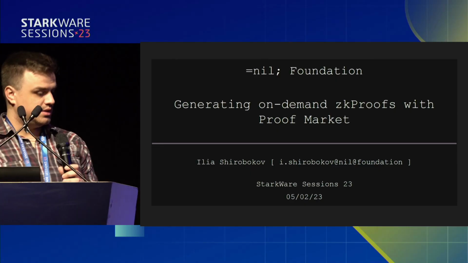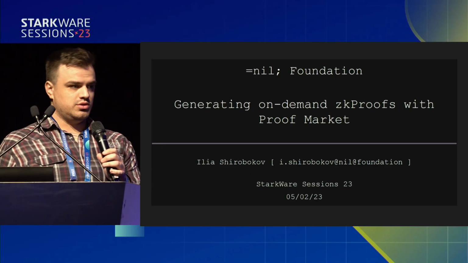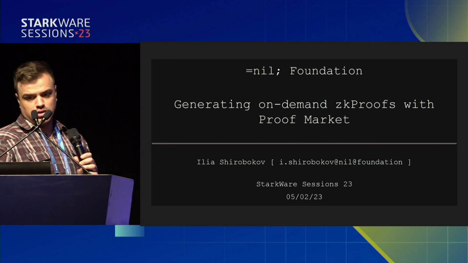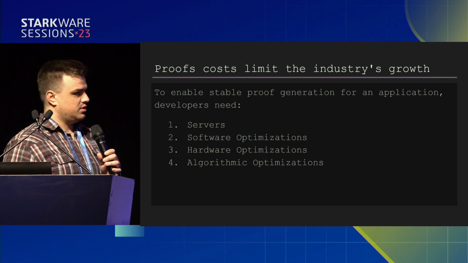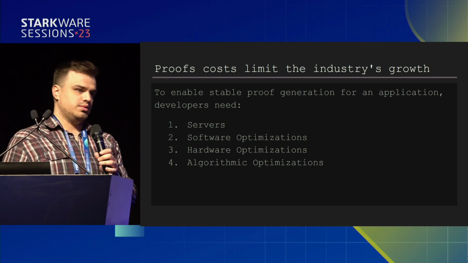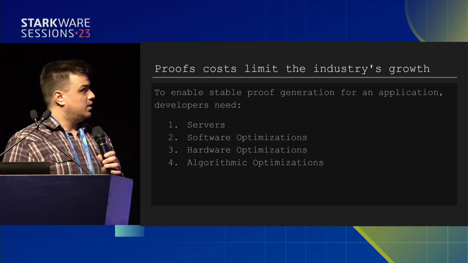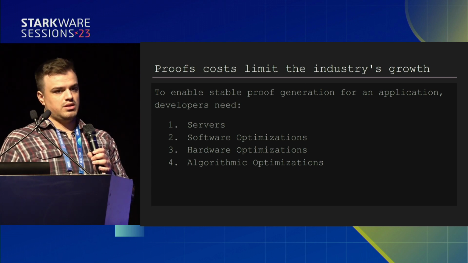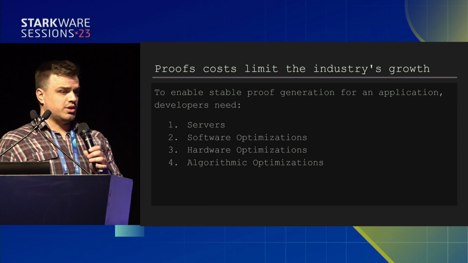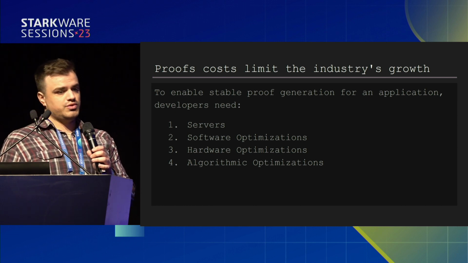Yep. Hello, everyone. I'll talk about Proof Market as a proof generation infrastructure for decentralized projects. Mikhail explained why non-interactive proofs are important, how they can help to grow the industry. Nikita showed an easy way to generate the circuits, but the issue is that it's not enough, because you still need to actually generate proofs.